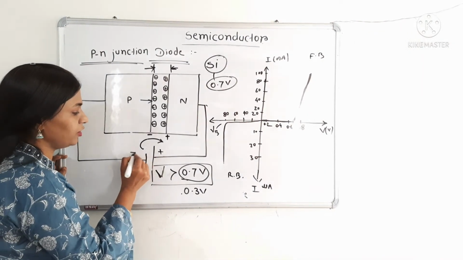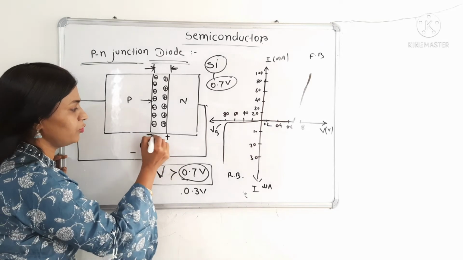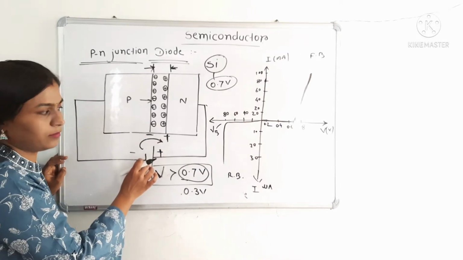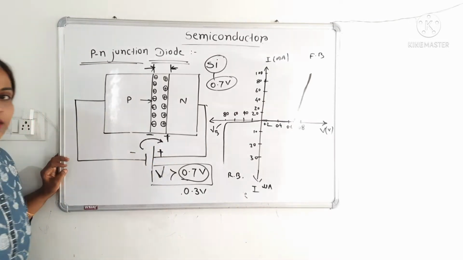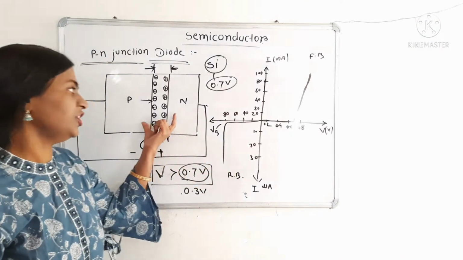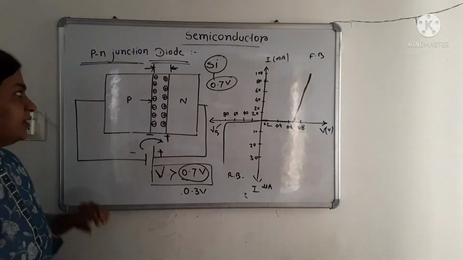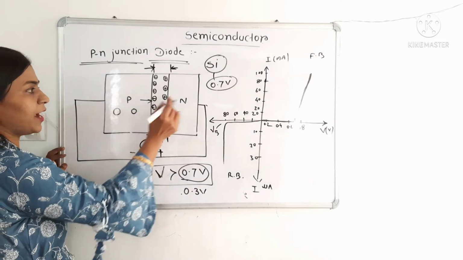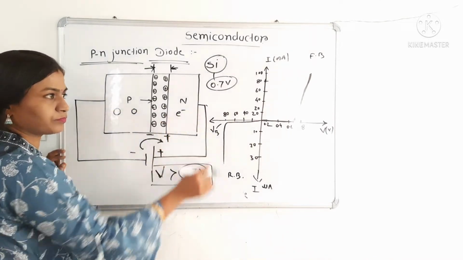This is the polarity of external voltage and this is the polarity of barrier potential. These both polarities are same. That means the width of depletion region increases. See, in P type majority carriers are holes and in N type electrons.